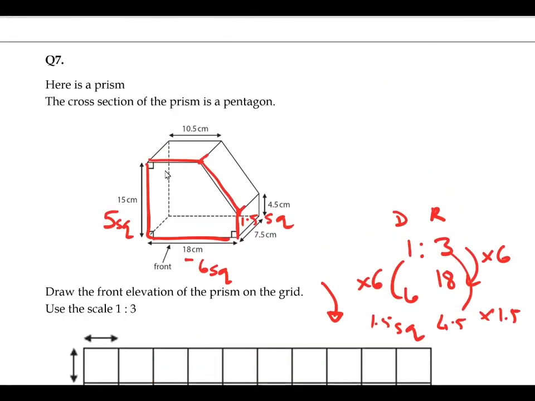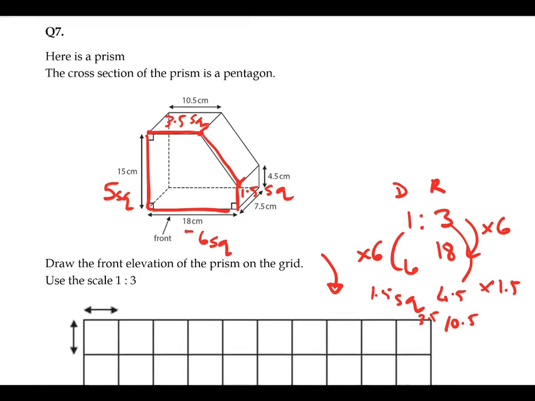Next, let's draw the top, which is 10.5 centimeters. So to get from 3 to 10.5 is 3.5 squares. So we need 3.5 squares to go from the top of the 5 across. So let's go back to the drawing and draw that.